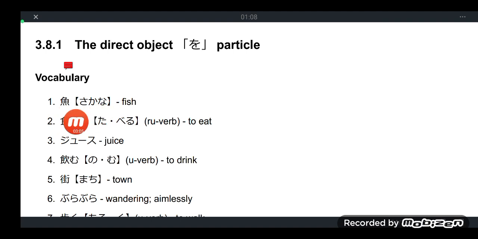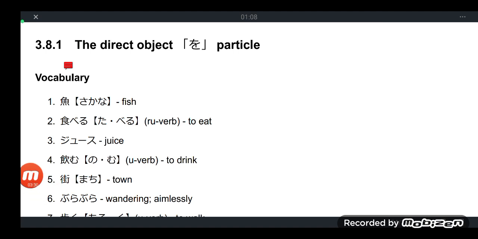This is the reading sakana, which means fish. Taberu, an ichidan verb or ru verb, means to eat. Juice, nomu, a godan verb or u verb, meaning to drink.